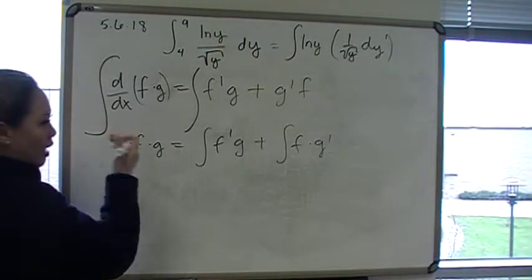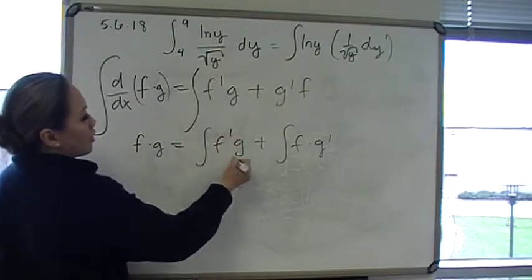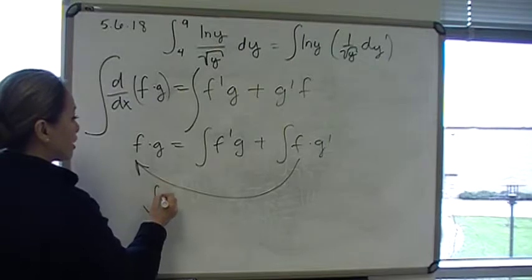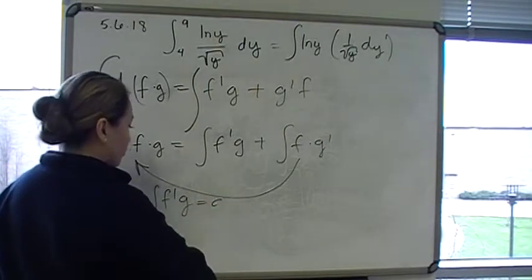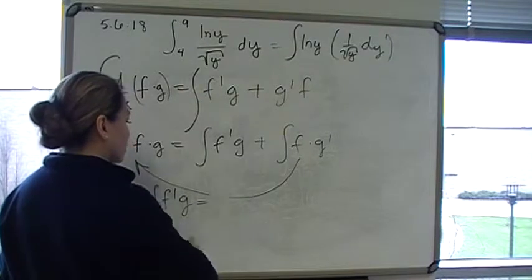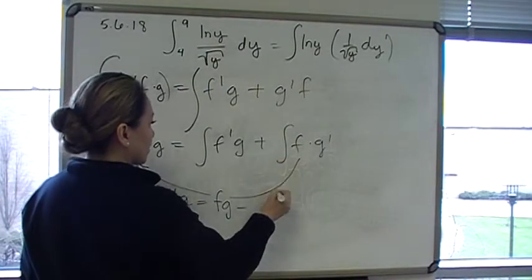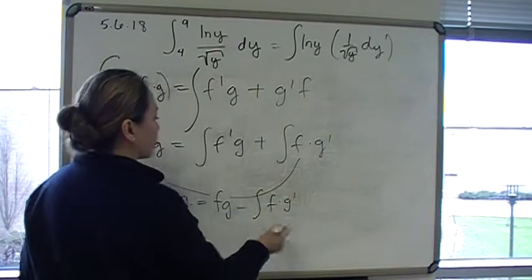So, if I want to solve for that, I'm going to move this over here and say that the integral of f prime times g is equal to fg minus the integral of f times g prime.